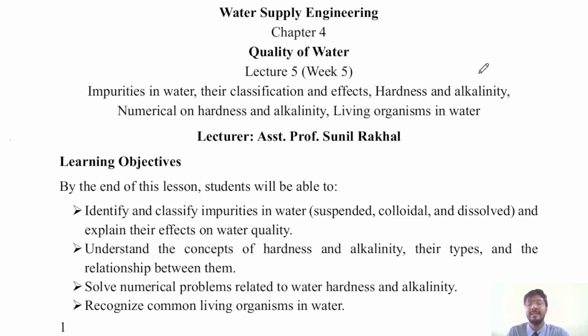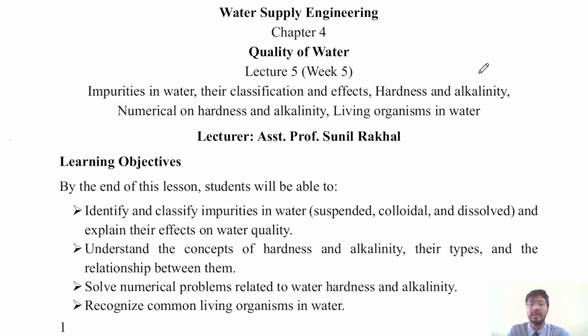We will see how these impact treatment process and everyday use. After that, we will get into some numerical problems. Don't worry, I'll walk you through step by step. And finally, we will wrap up with a look at living organisms commonly found in water, like bacteria, protozoa, and algae, and why they matter.